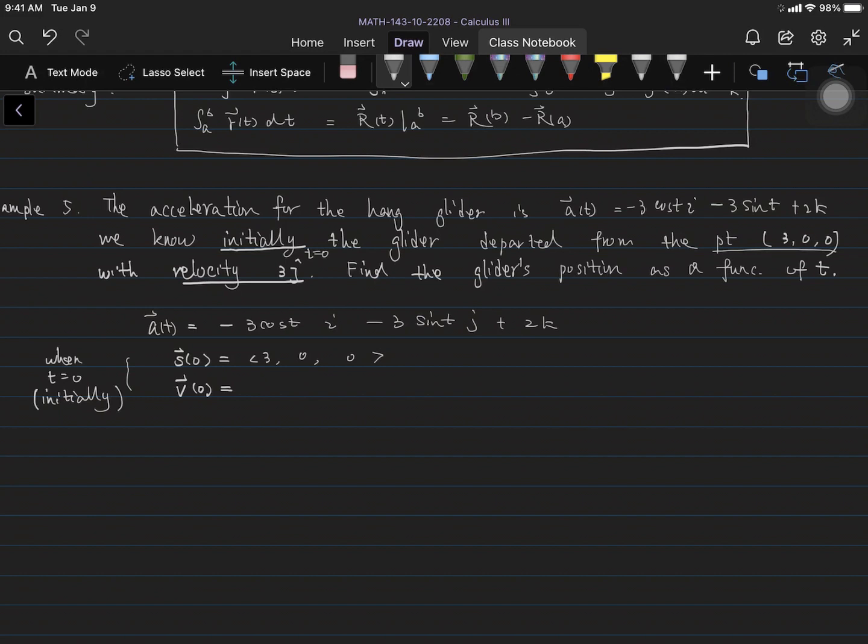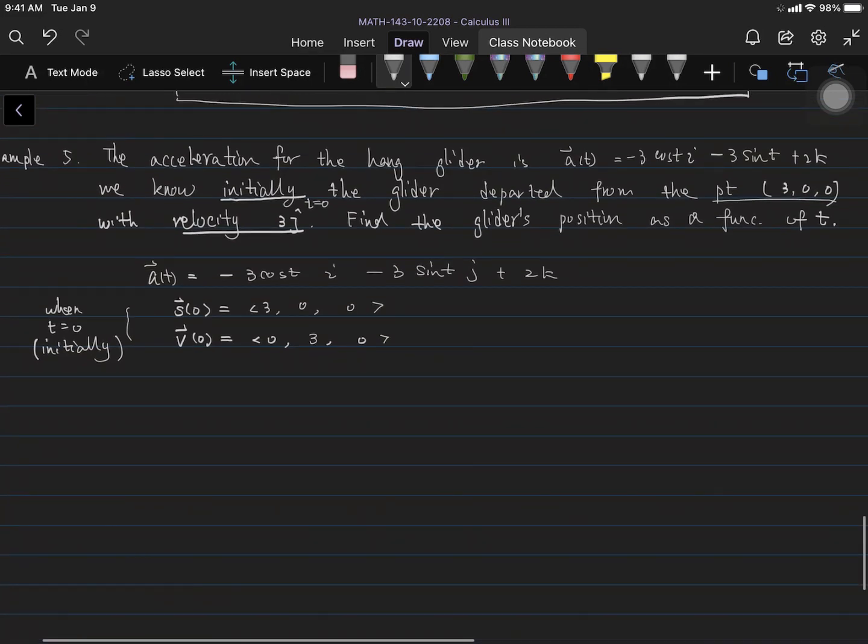And v(t) equals 3j, that means what? Means 0 for the i, and the 3, and the k component is also 0. Something like that, right? And usually we call this an initial value problem.